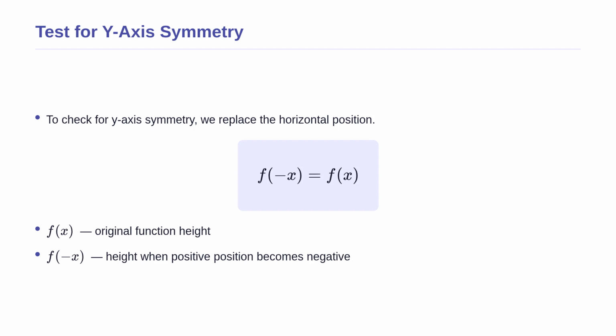The term f of negative x represents what happens when we replace every positive horizontal position with a negative one. If plugging in a negative number gives you the exact same height as the positive number, the equation holds true. Physically, this means if you walk 5 steps to the right or 5 steps to the left, you are standing at the exact same elevation on the curve.